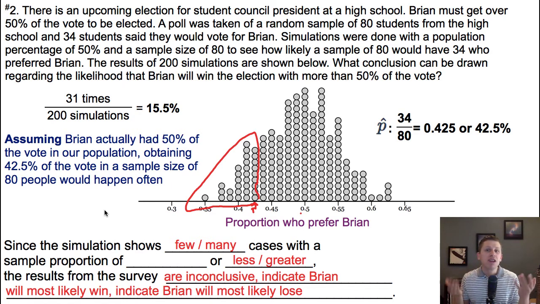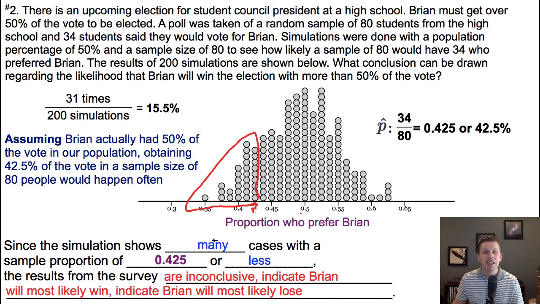So right now we really don't know if Brian's going to win or not. He might have 50% of the vote, but even if he does have 50%, that's not commanding enough to win. We certainly can't say he's going to lose because he could have 50%, but we also can't say he's going to win either. So to summarize, we can say the simulation shows many cases with a sample proportion of 0.425 or less.